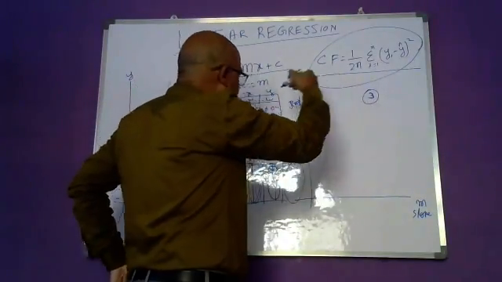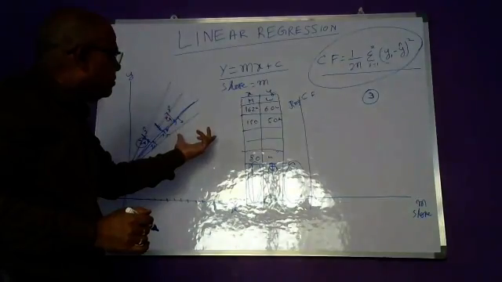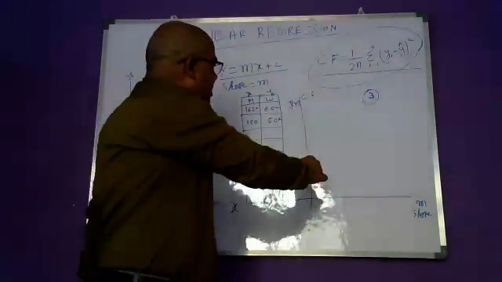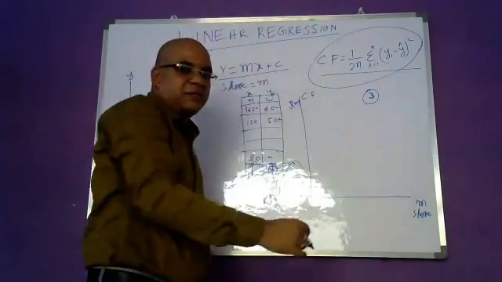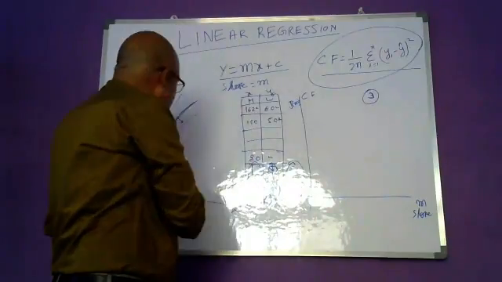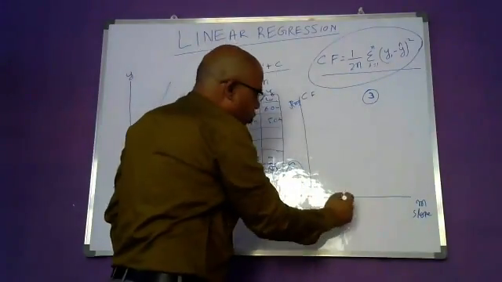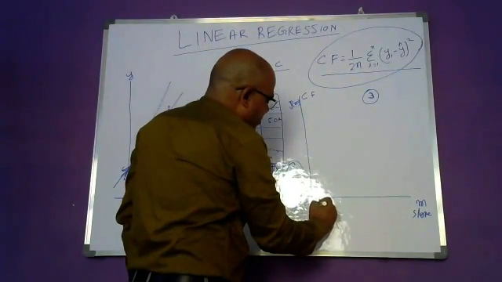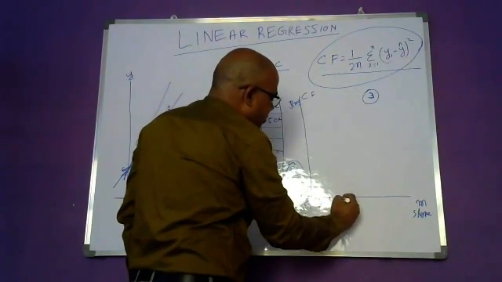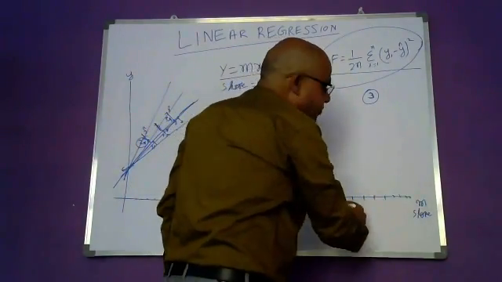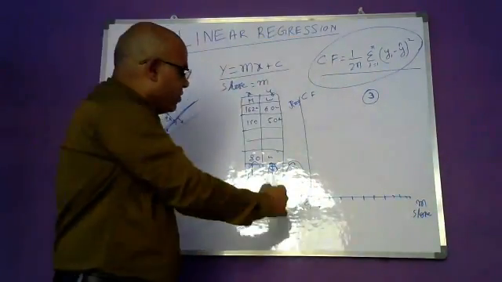So what to do for that? For which m, what is the cost function? For that, this gradient descent curve will help us. Suppose this is the m slope: 0, 0.5, 1, 1.5, 2, 2.5, 3, 3.5, like that. Different m values are there.